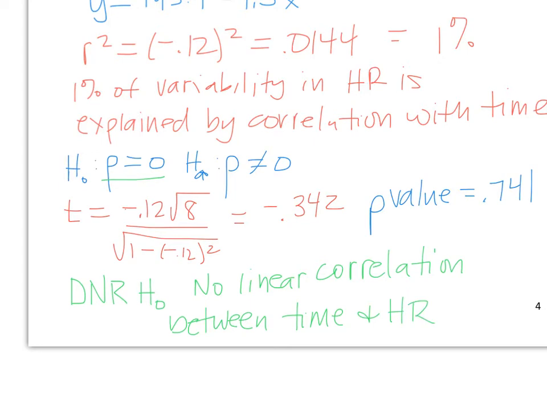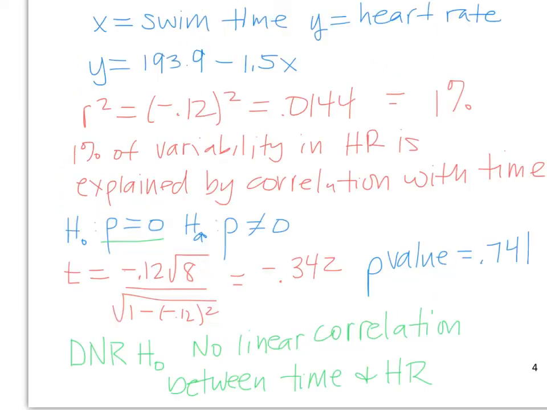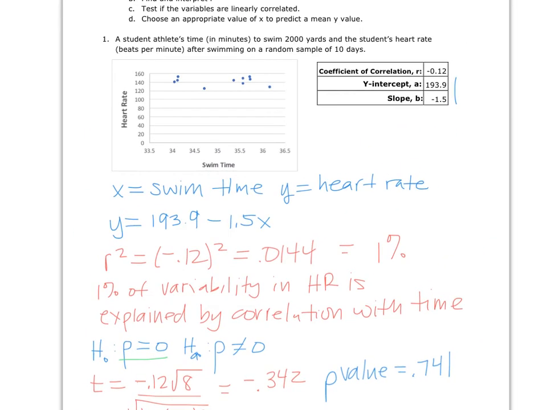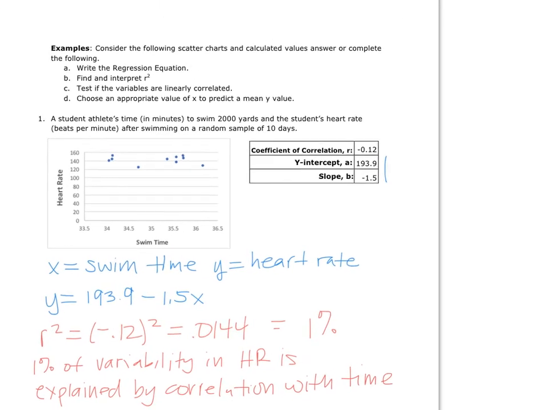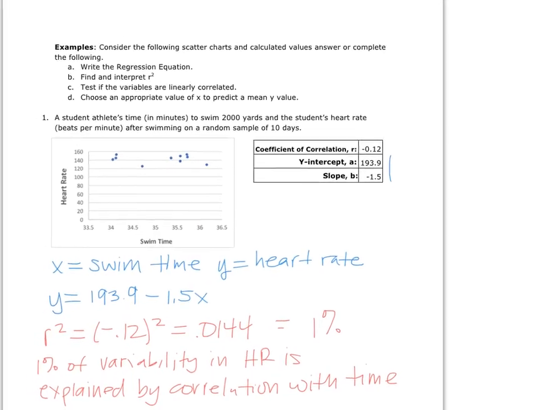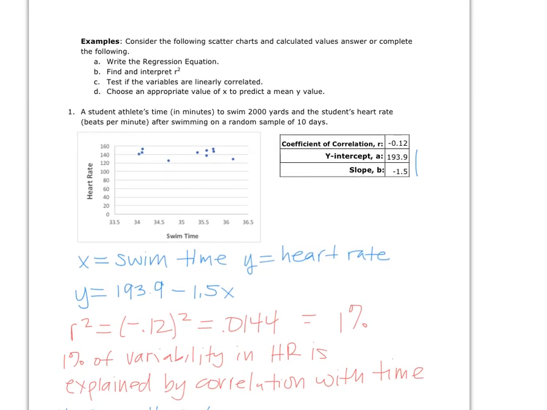The last thing that we wanted to do with the linear model was to use it to predict a value. Now, since we're saying that there is no linear correlation, that would imply that this model really isn't valid to do prediction. But let's just go ahead and do that anyway to practice. Let's choose a value of x, and it needs to be in the range of values.